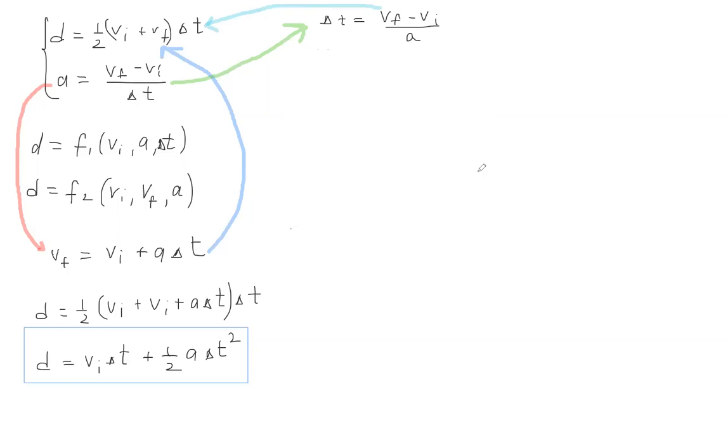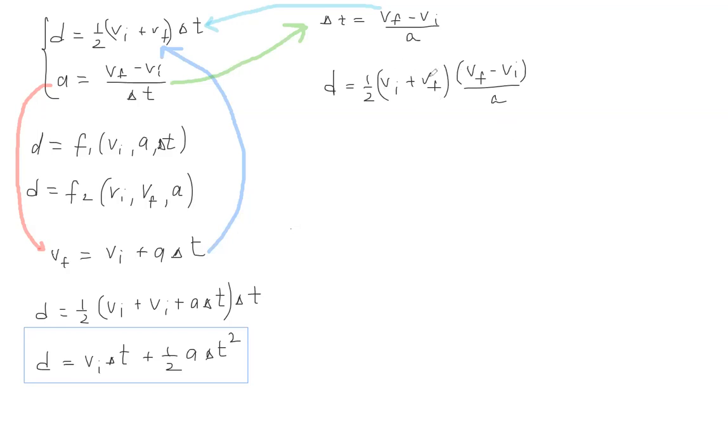All right, so d equals 1/2 times v initial plus v final times v final minus v initial over a. Okay, now we can leave it like this, but it's not really concise, right?